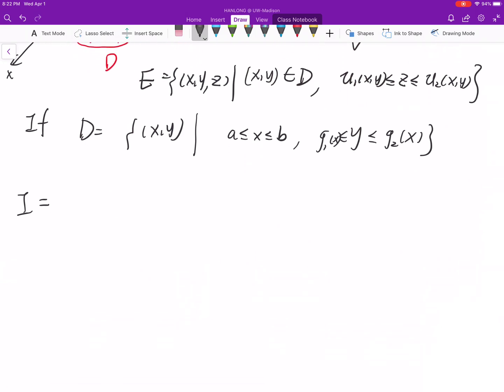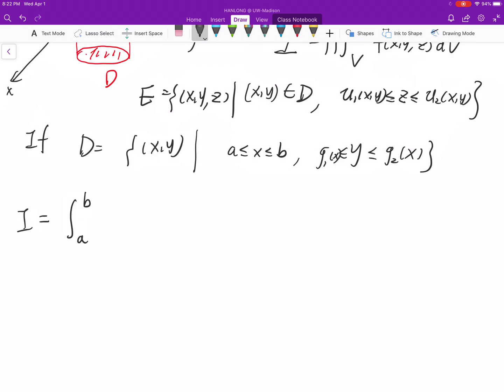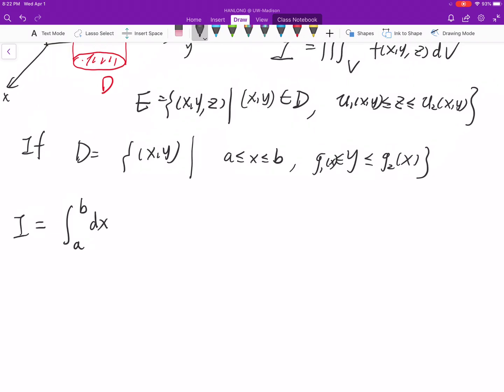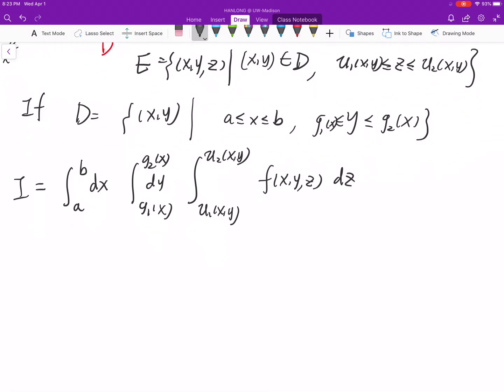Then we can use Fubini's theorem to write down the integral as an iterated integral as follows. For x, it's in between a and b, and then y is between g1(x) and g2(x), and then z is between u1(x,y) and u2(x,y), and whatever the integrand is, you have f(x,y,z). This is a general idea.